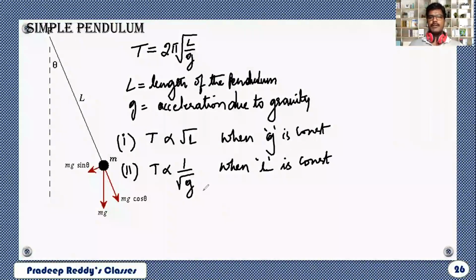So when acceleration due to gravity is constant, time period is directly proportional to length. When length of the pendulum is constant, time period is inversely proportional to acceleration due to gravity.